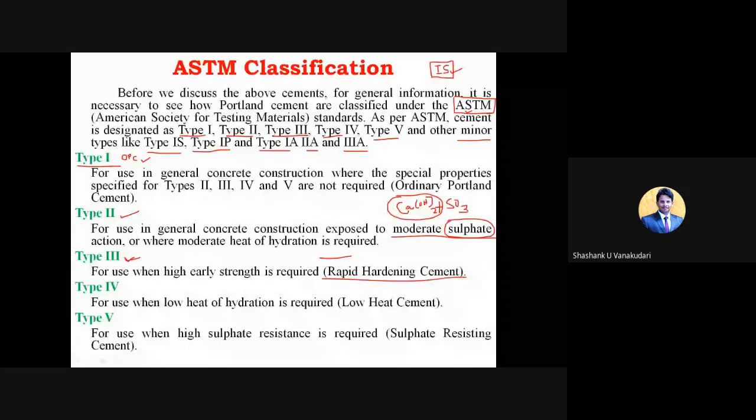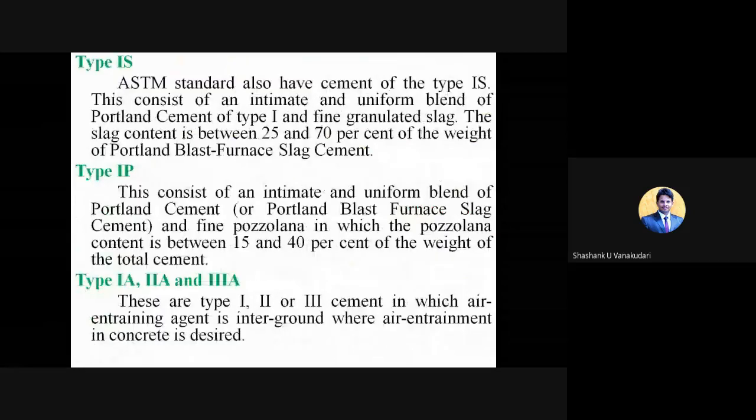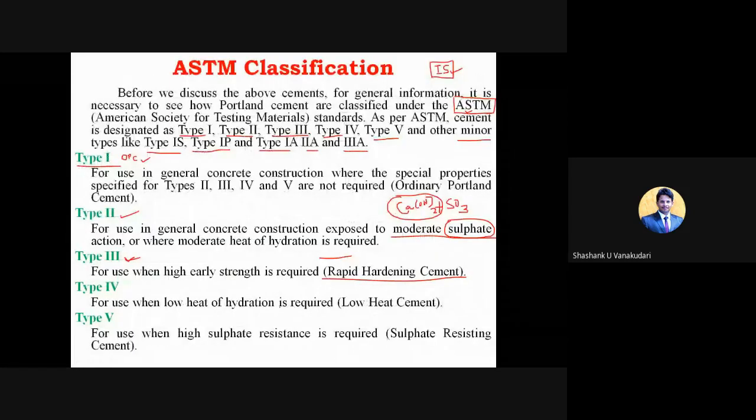And then type 4 is for use when a low heat of hydration is required. Where we require low heat of hydration, comparatively the amounts of C3S as well as C2S possess more heat of hydration in the cement, and to reduce that heat of hydration we require some cements.